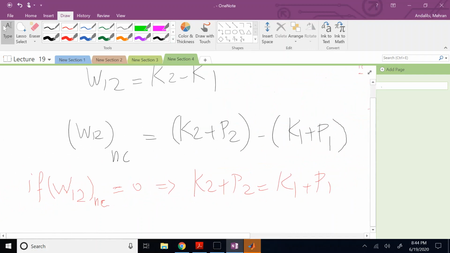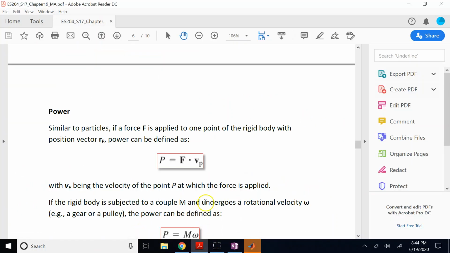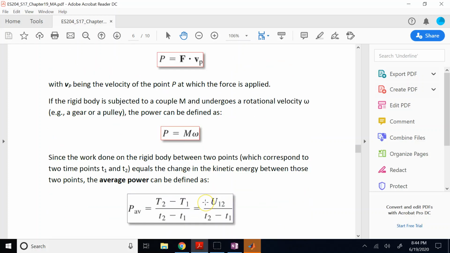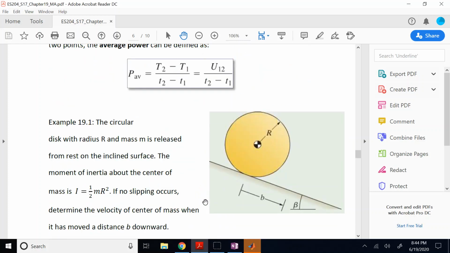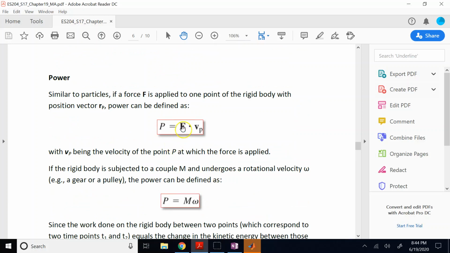So this is the principle of work energy. Everything is the same. The last thing is power. Power, if you remember, was defined as dW over dt, which we showed in the chapter, chapter 15. We showed that you can also write it as F dot V, right? But over there, V was only one single number for the whole particle.